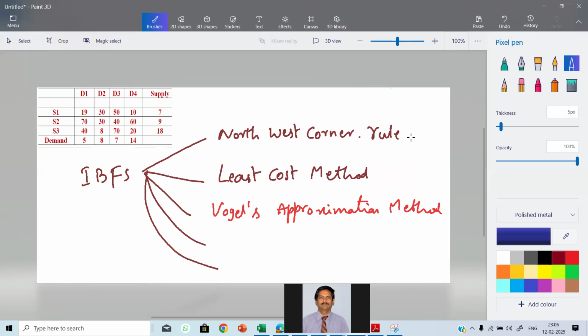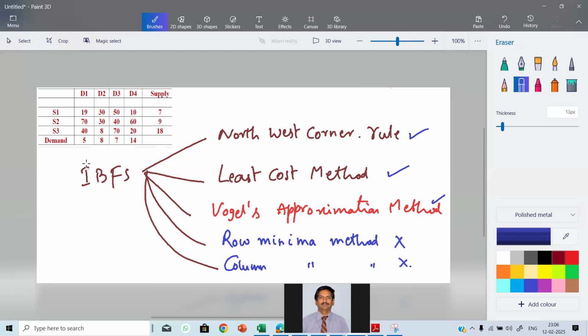And there are two more methods. These are actually nobody is using, right? The last one will be the column minimum method. These two methods are least effective when compared to the least cost method. So these two are deleted from general use. So we are using mainly the northwest corner rule and the least cost method, and you will learn one by one how to do it. Okay.